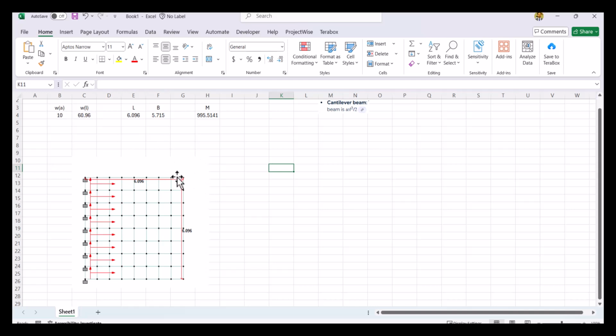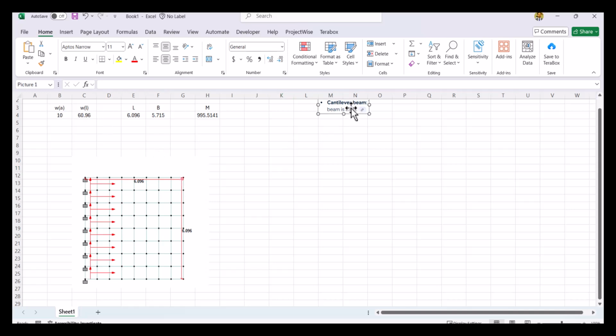I multiply this 10 kilonewton per meter square with this dimension, 6.096, and it comes out as 60.96.